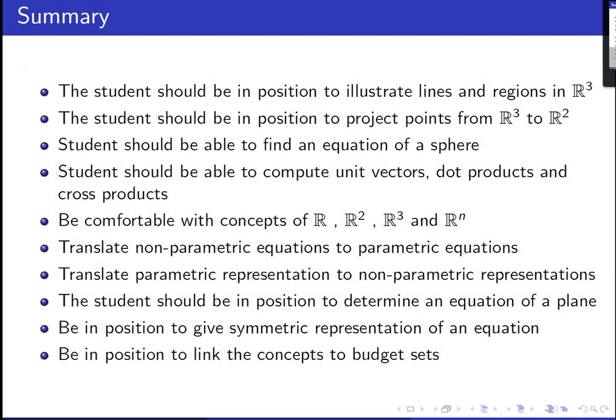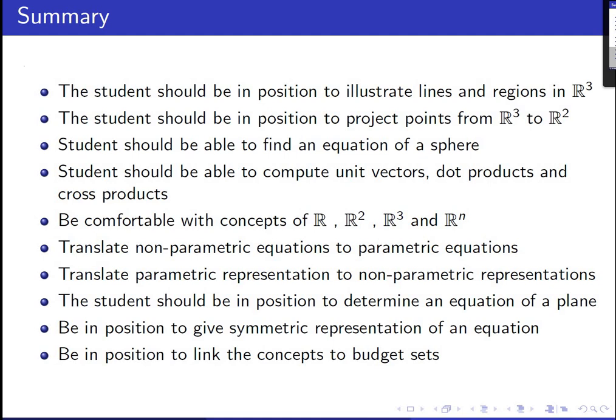You should be in a position to illustrate lines and regions in R3, which I think is something that we did with regards to the tutorial worksheet that I have posted. The student should be in a position to project points from R3 to R2. You need to be able to find equations of a line and of a sphere.